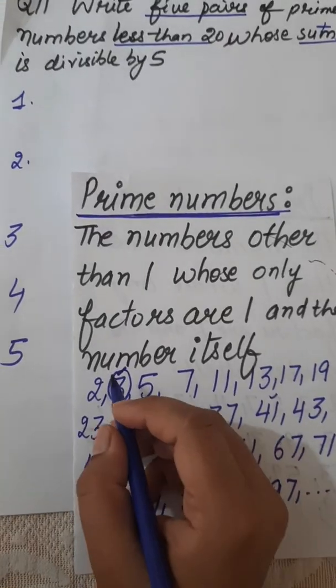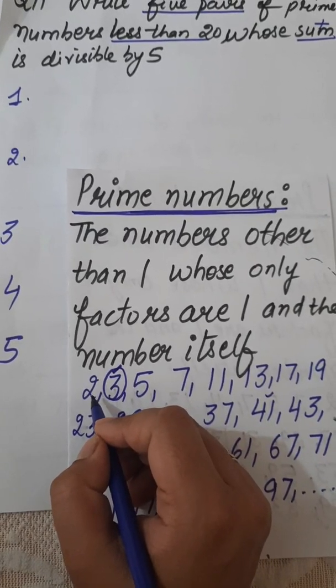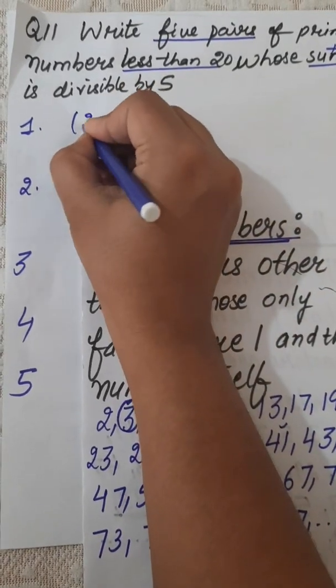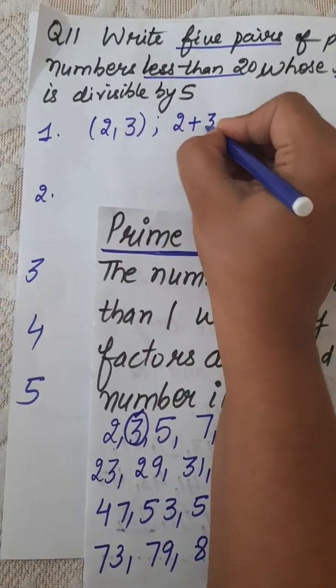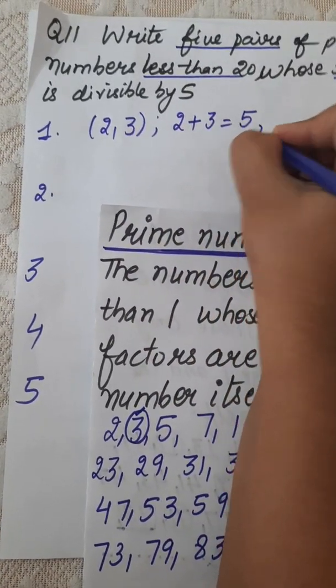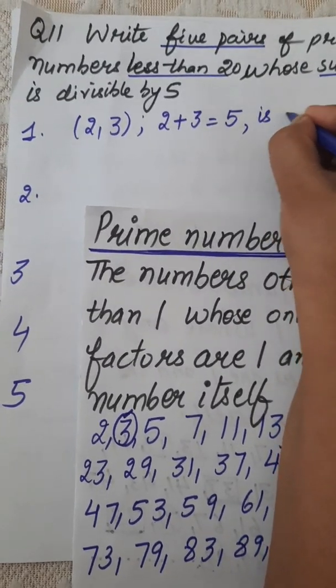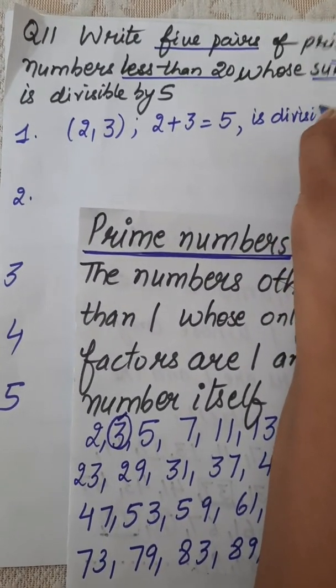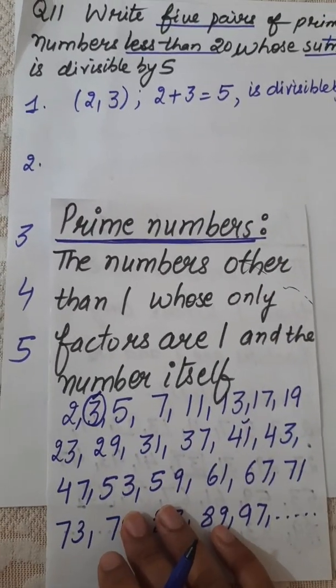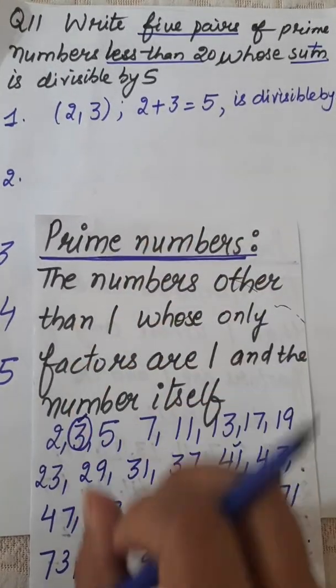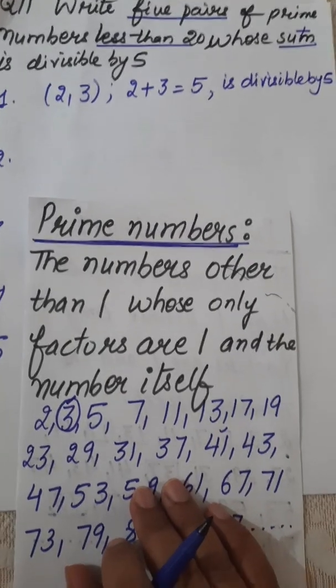Let's start. We will take 2 and 3, because when I add both prime numbers I get 5, and 5 is divisible by 5. Similarly I will take another pair whose sum is divisible by 5.